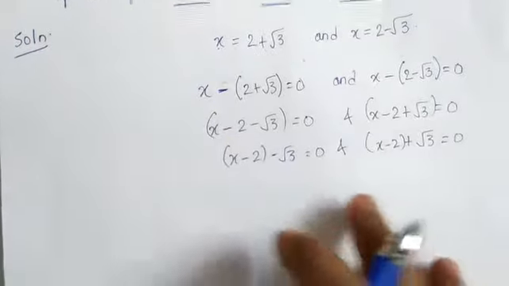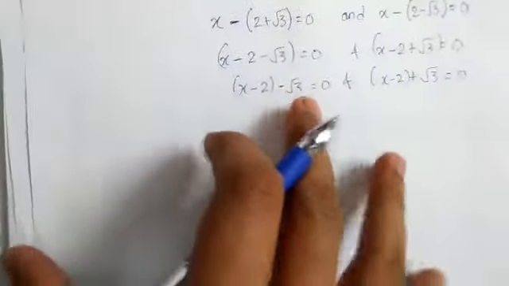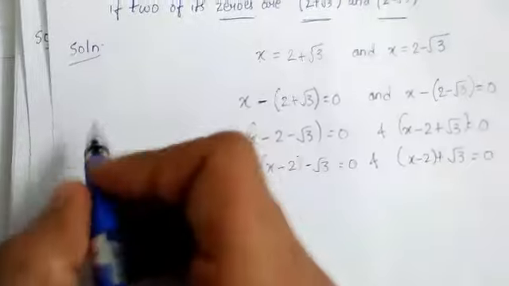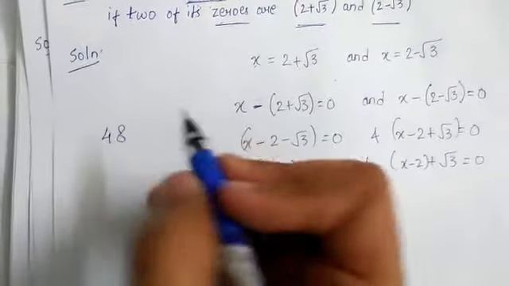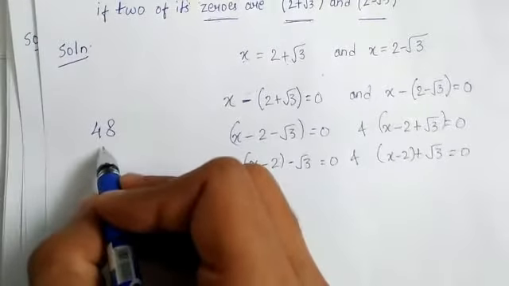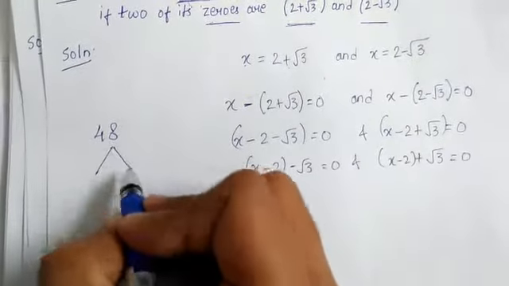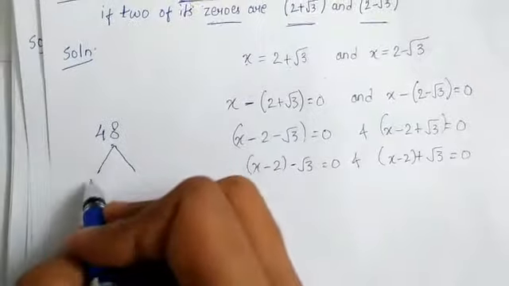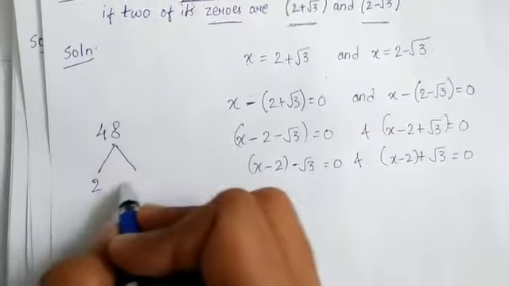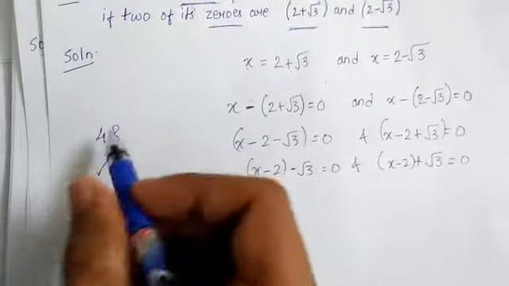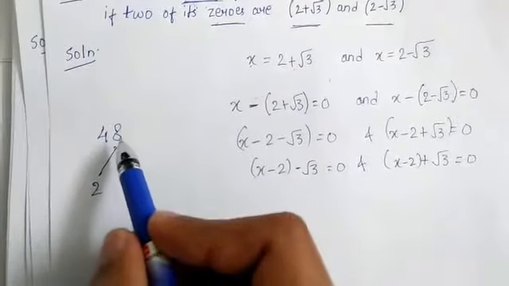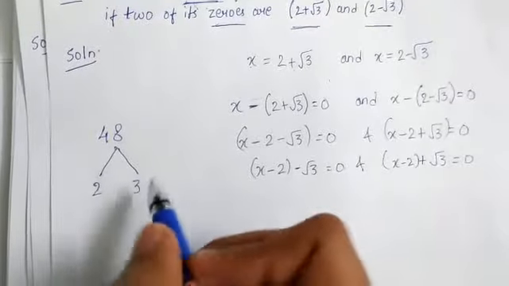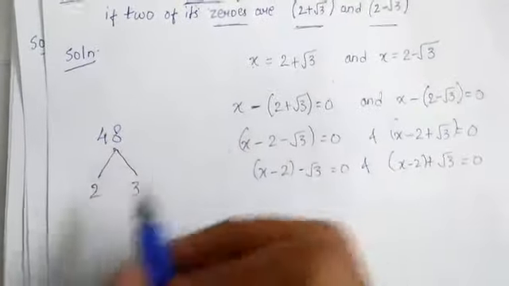So now I want to explain a simple concept. Let's say there is some number, let's say 48 or any number you can take. You are given that two of its factors are 2 and 3. So you can easily say, okay, 2 can divide 48, 3 can also divide 48.